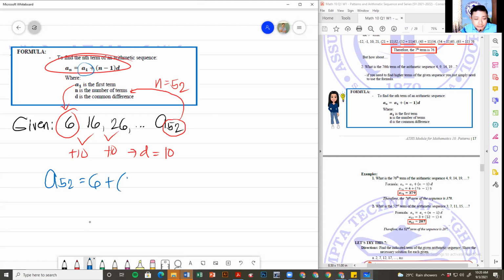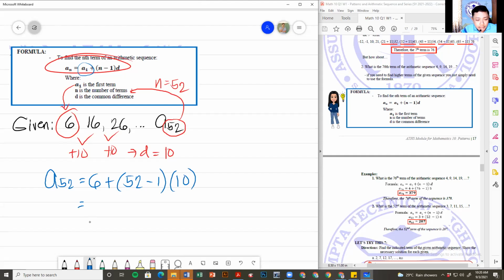n is 52 minus 1 times, remember to put the d in a parenthesis so that whether it's positive or negative, there will be no conflict. Kasi when you press that in the calculator, you will have a problem if there's no parenthesis. Okay, so that becomes our common difference is 10. Ayan. So of course, in our process here, I will not show you how to use the calculator because I will be showing you the skill in solving.